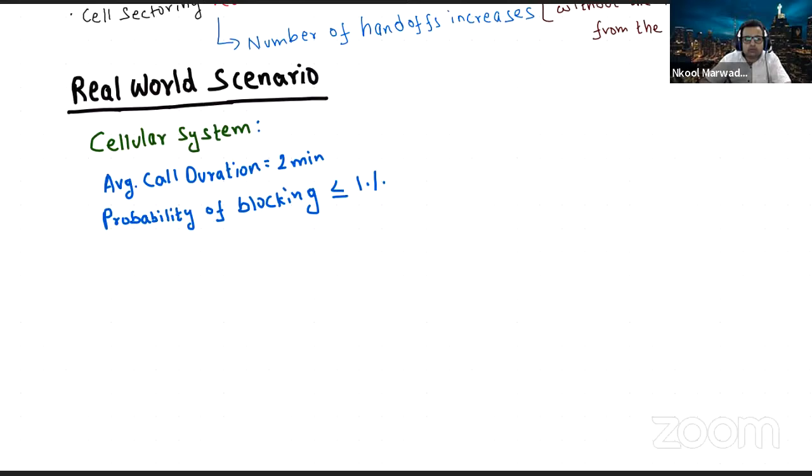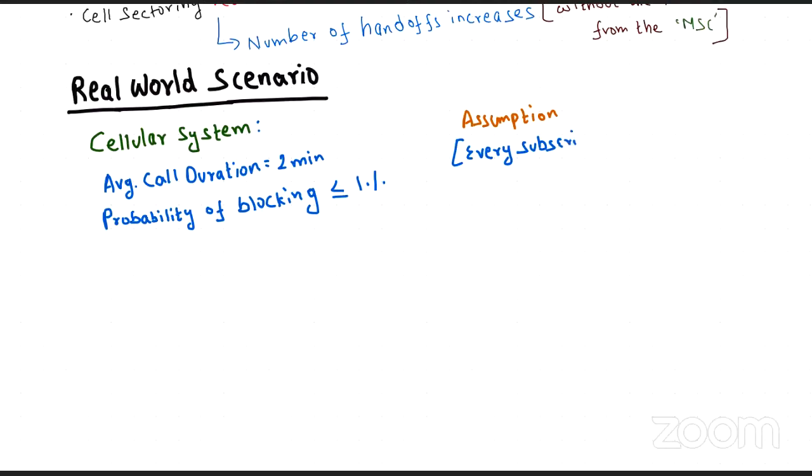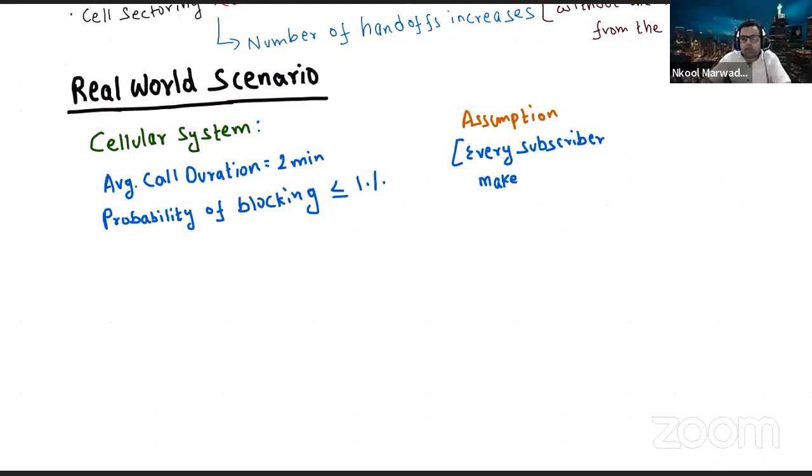We make an assumption: every subscriber makes one call per hour.